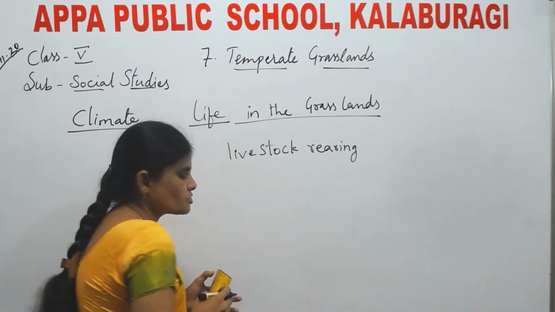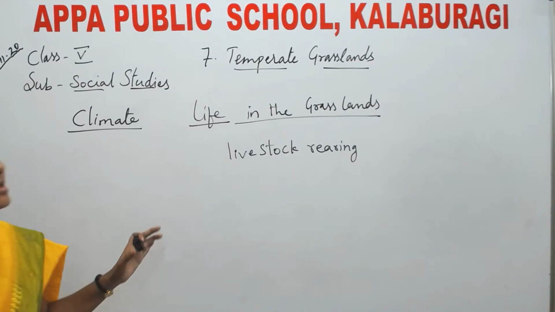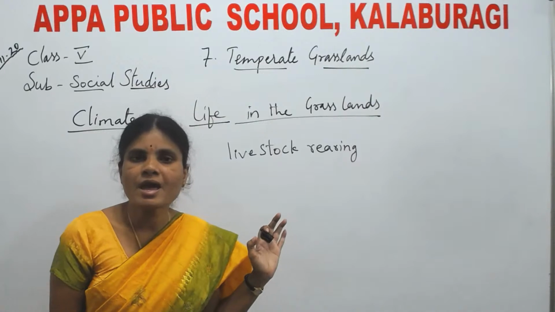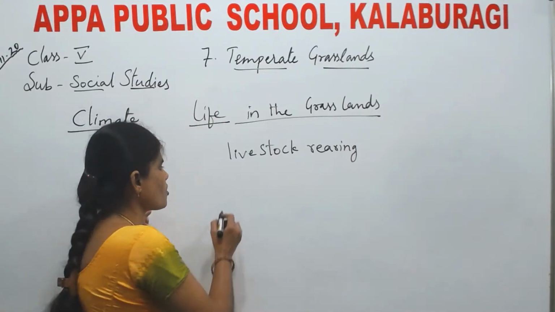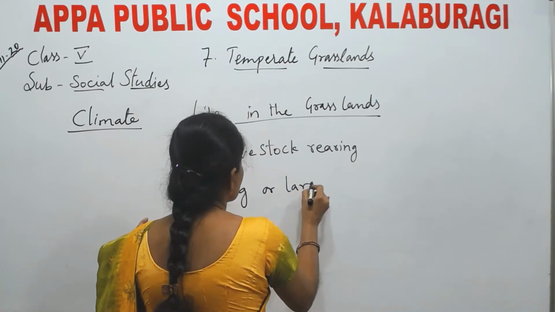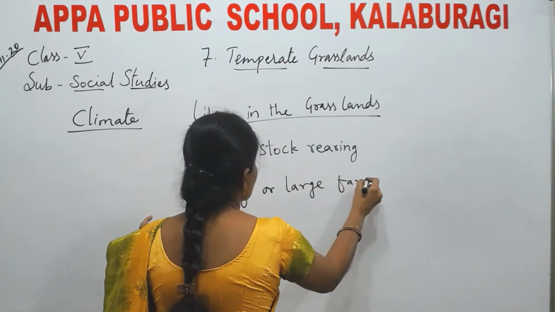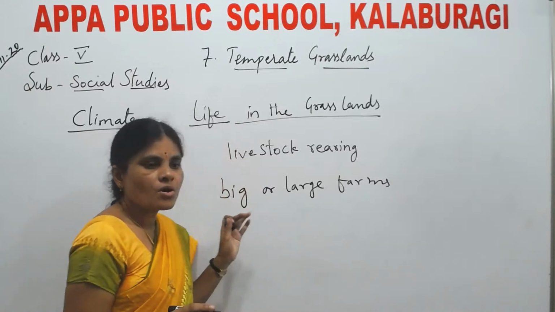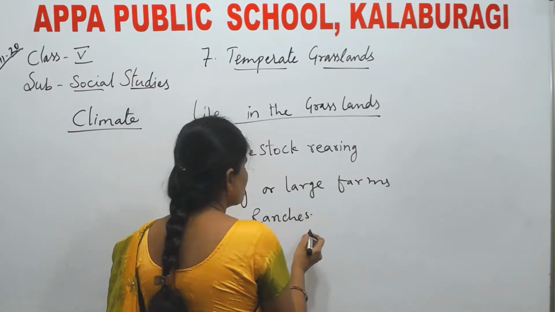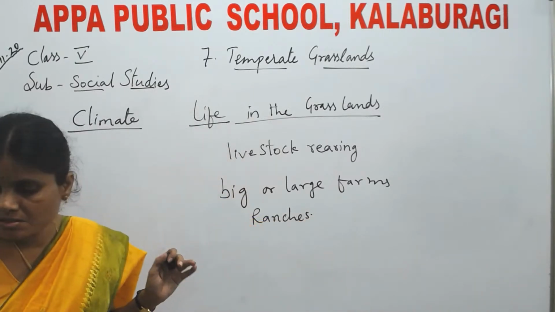What do you mean by livestock rearing? Livestock rearing is nothing but rearing animals. Here the people rear animals in very big or large farms. They are called ranches or homesteads.